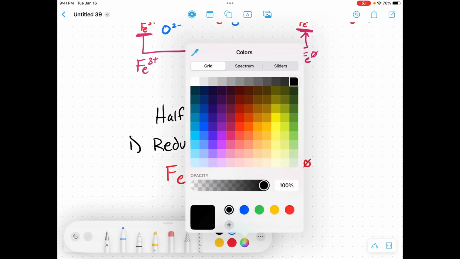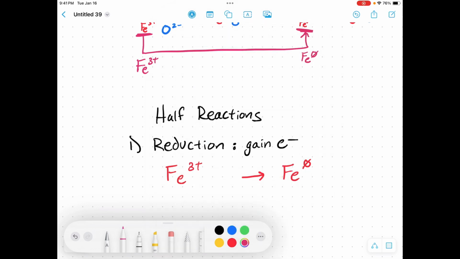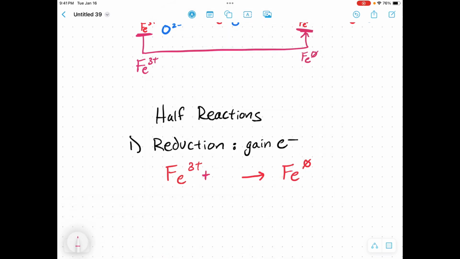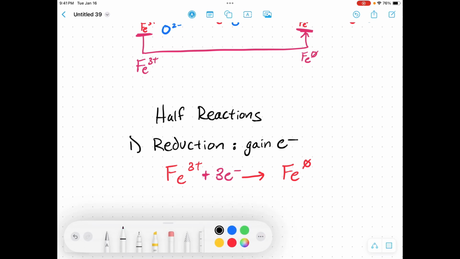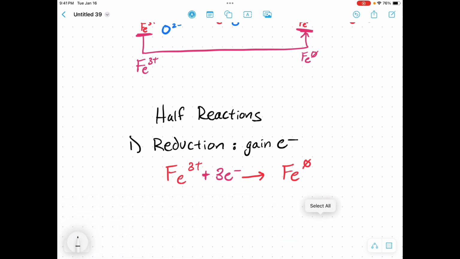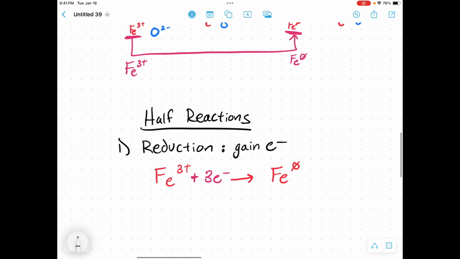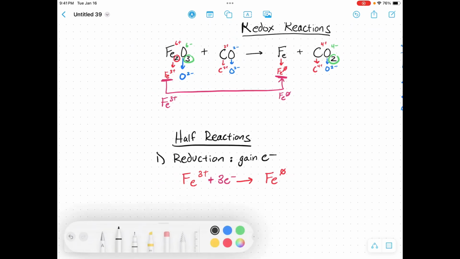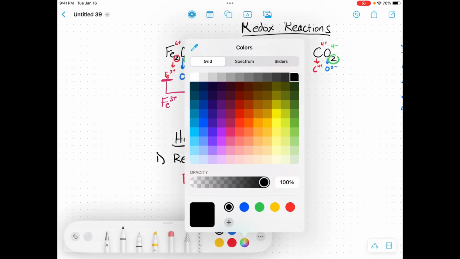In order for that reaction to have worked, our iron, our Fe, had to gain 3 electrons. So that's going to be the half reaction for this particular redox reaction, where our iron is being reduced.